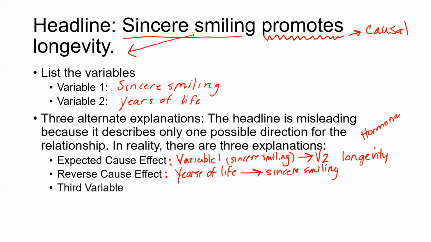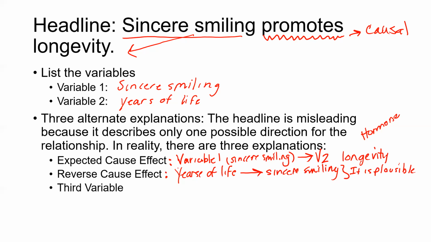Is this possible? Is this plausible? I could build a case for it. I could say it is plausible, and plausible means believable, it makes sense. Maybe people just get happier and less self-conscious as they get older.